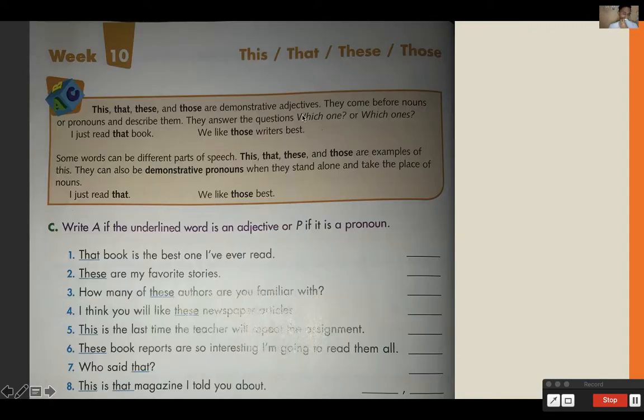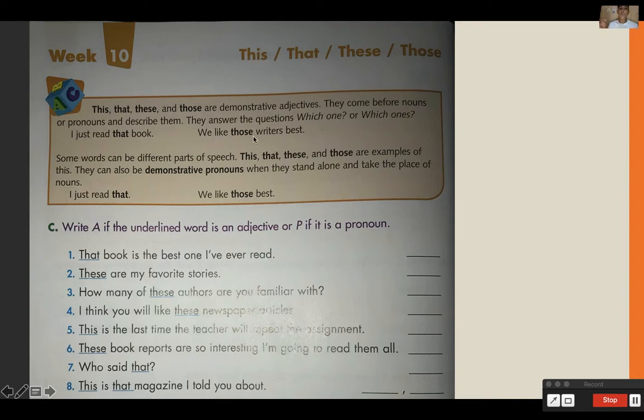Ok, this, that, these, and those. What are these? This, that, these, and those are demonstrative adjectives, okay? This, that, these, and those son adjetivos demostrativos. They come before nouns or pronouns that they describe. They answer the questions which one or which ones. As an example, I just read that book.